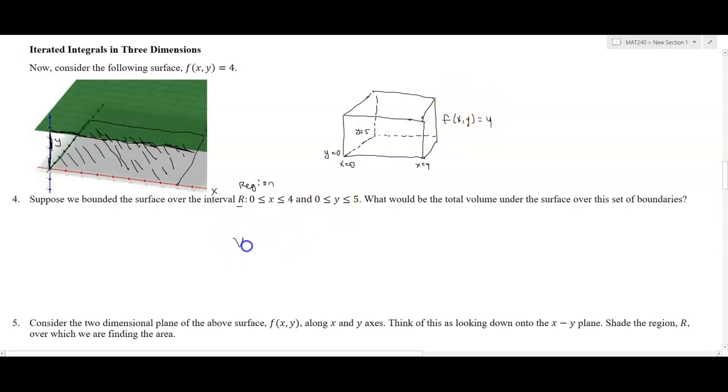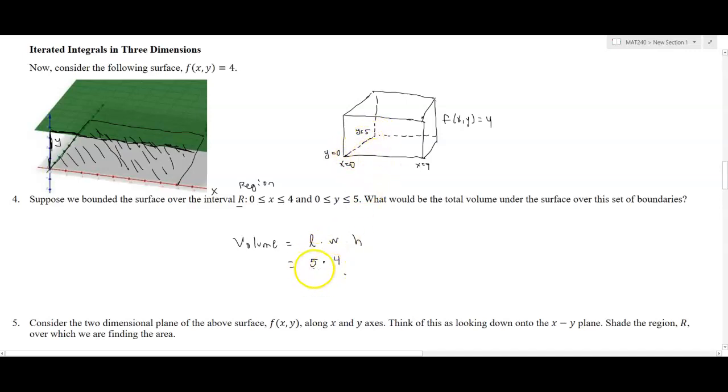So we know that the volume is going to be length times width times height. And my length, doesn't matter which one you call length and which one you call width, but we'll say length is 5. The width is 4, so that's just the area of our base right there.